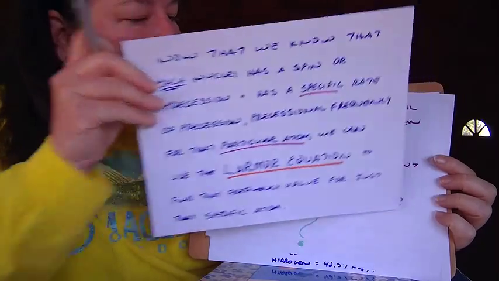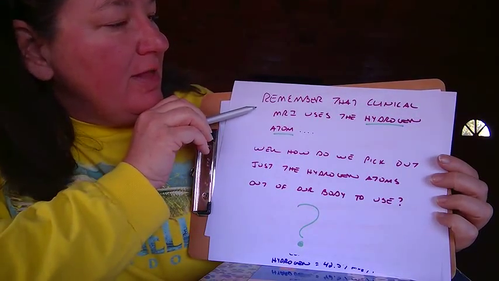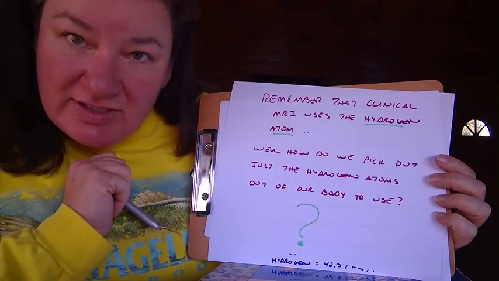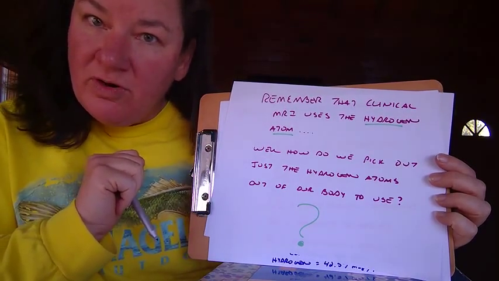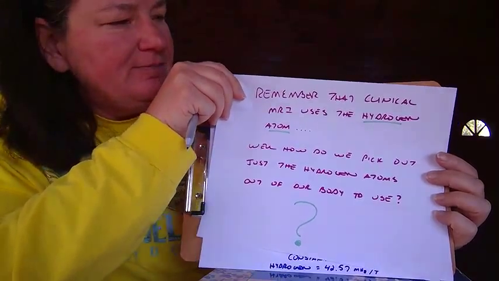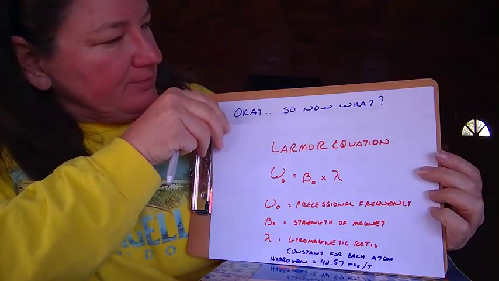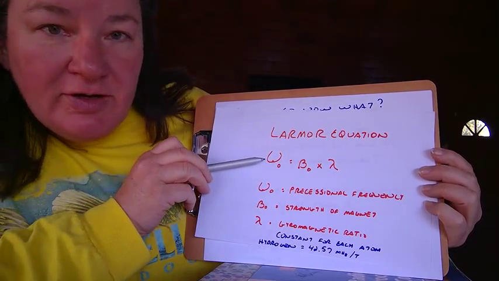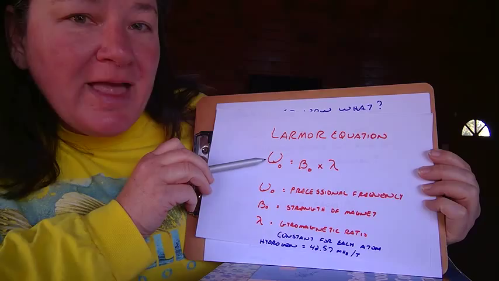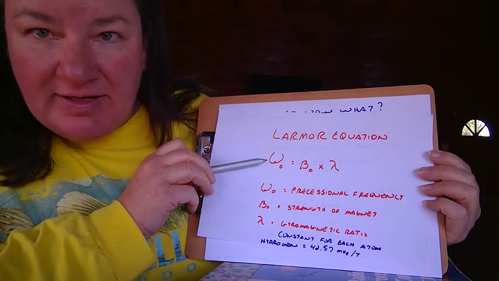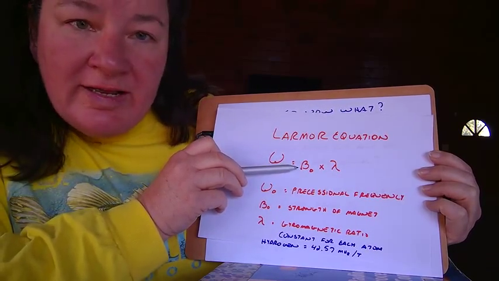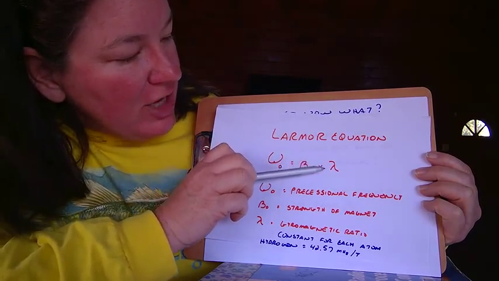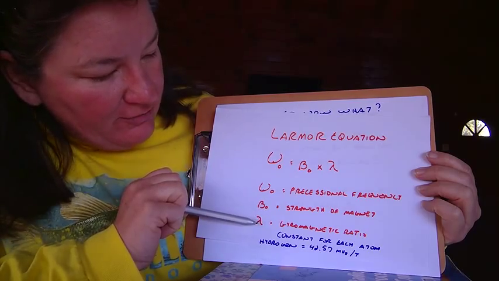Now, how do we do that? First off, let's remember that MRI uses the hydrogen atom. So how do we pick out just the hydrogen atom? Using the Larmor equation. Well, what's the Larmor equation? Basically, your precessional frequency, which is what we're looking for to pick out that particular atom, equals the strength of the external magnetic force times the gyromagnetic ratio.